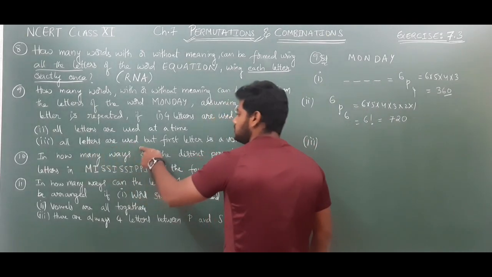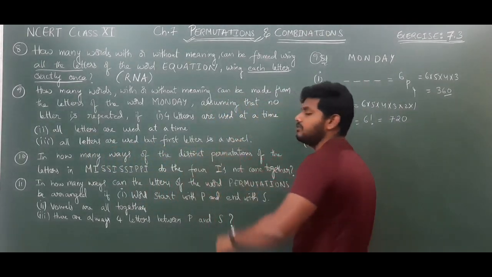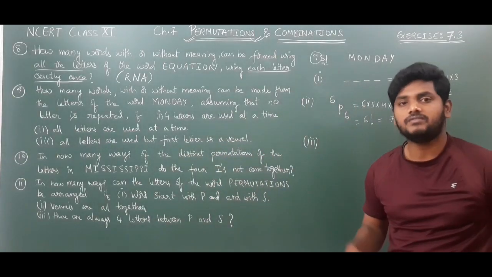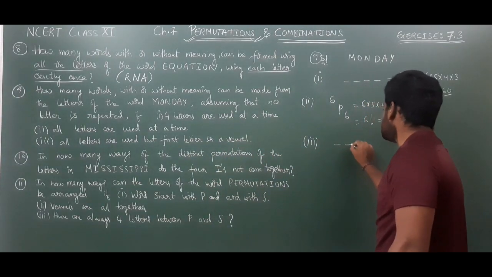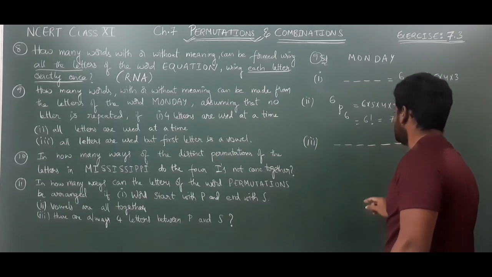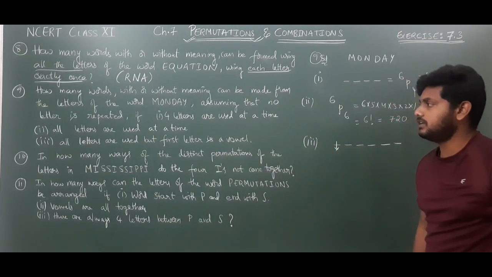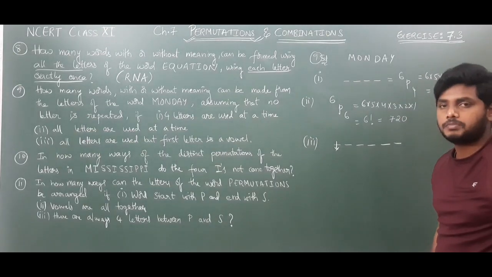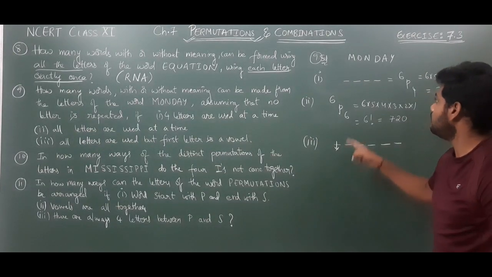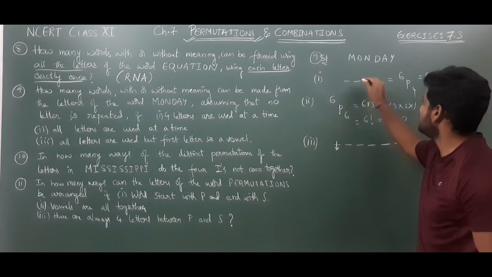Next, third question. All letters are used, but the first letter is a vowel. All letters means 6. The first letter should be a vowel. See how many vowels there are in the word Monday.